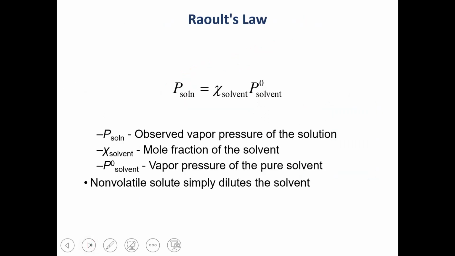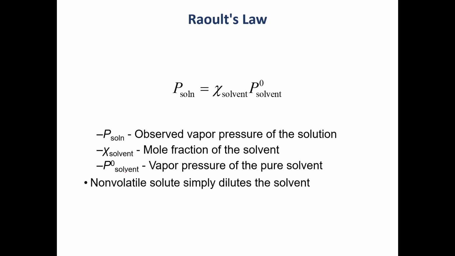Of course we can write an equation for this, as we can for many things. The equation that relates to vapor pressure lowering is known as Raoult's law. Raoult's law tells us that the observed vapor pressure of a solution, represented as P with a subscript solution, is equal to the mole fraction of the solvent times the vapor pressure of the pure solvent.